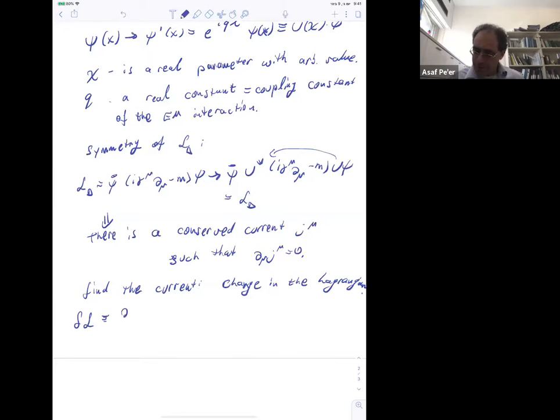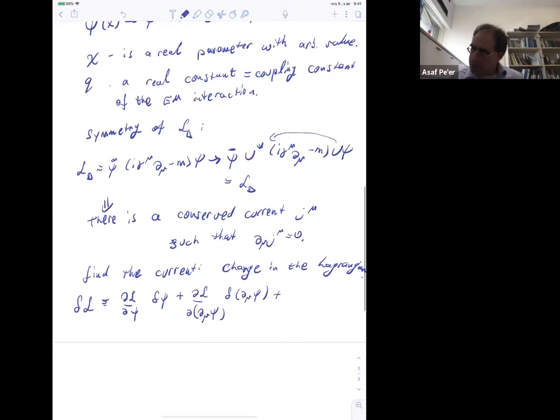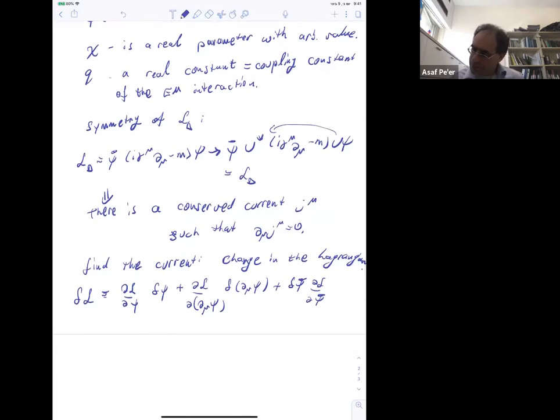So it's just dL over d psi times delta psi, plus dL over d d mu psi times delta d mu psi, plus delta psi bar times dL over d psi bar, plus delta d mu psi bar times dL over d d mu psi bar, which is 0, because the Lagrangian is invariant.